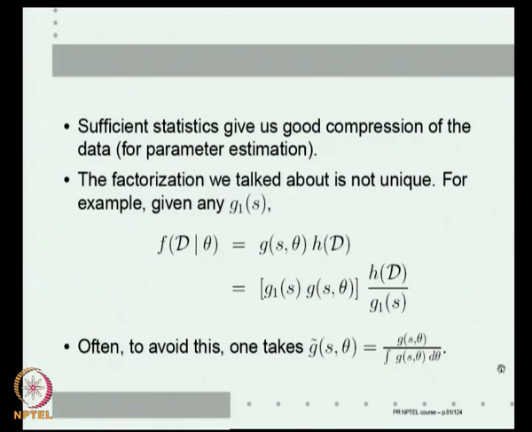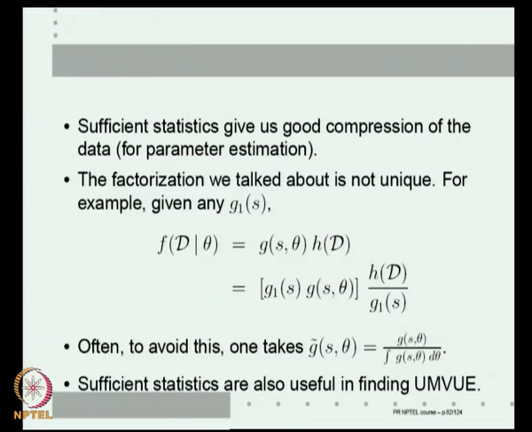There is another aspect of sufficient statistics which I will not go into in this course. Sufficient statistics are also useful in finding what is called the UMVUE. If you remember, we talked about uniformly minimum variance unbiased estimators.